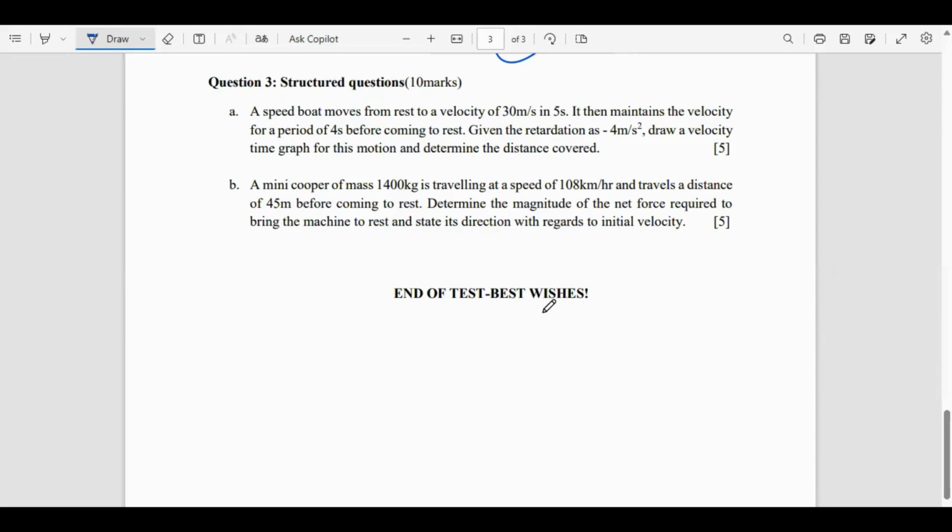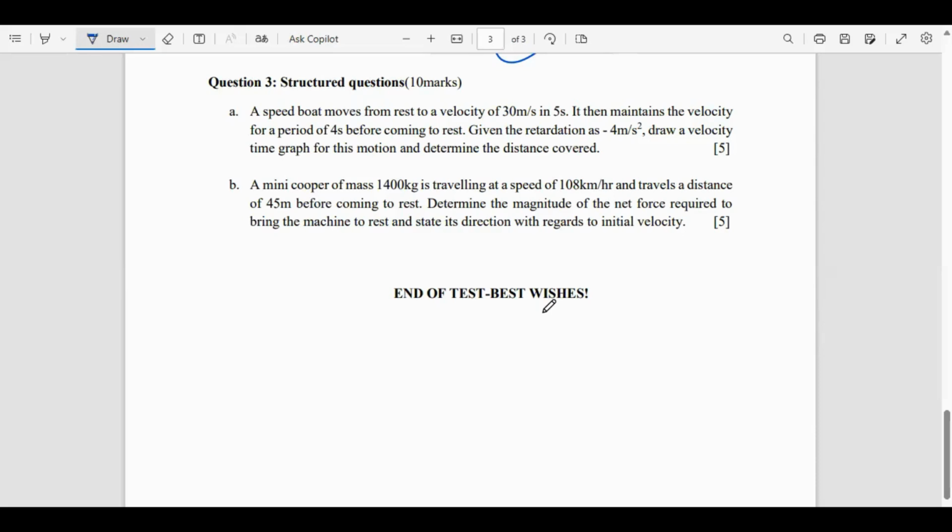Question 3A is saying a speedboat moves from rest to a velocity of 30 meters per second in 5 seconds. It then maintains the velocity for a period of 4 seconds before coming to rest.